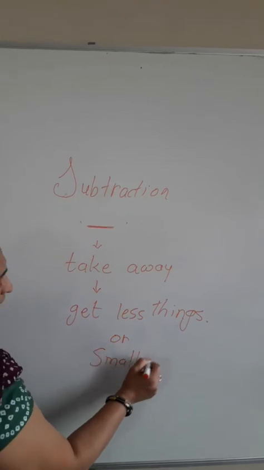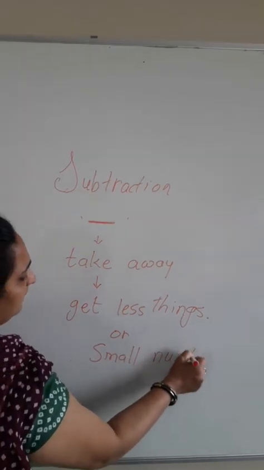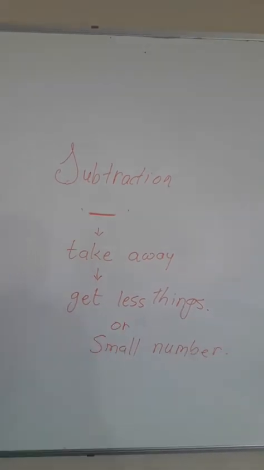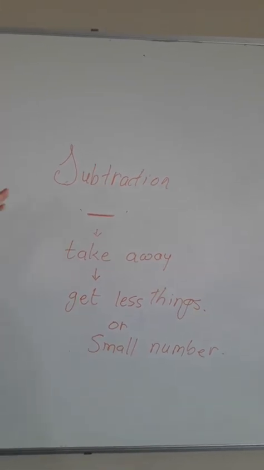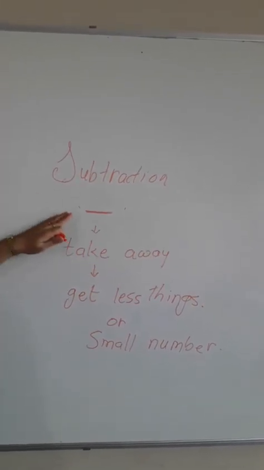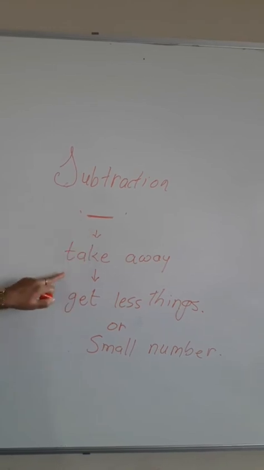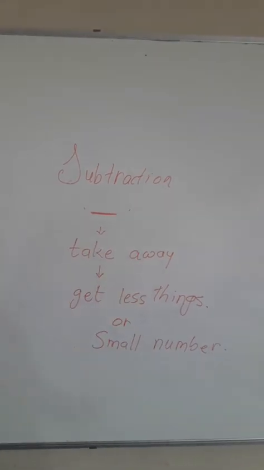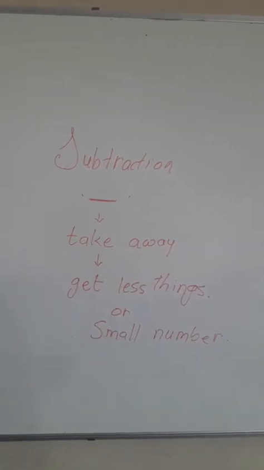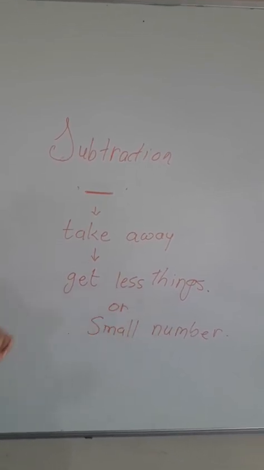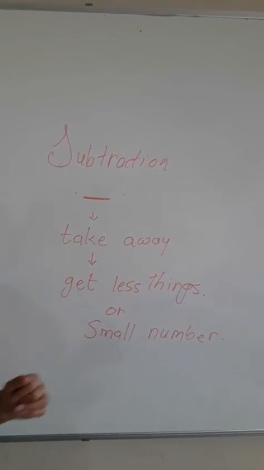So today we learn subtraction. The sign of subtraction is minus. We have to do take away in the subtraction and get less things in the subtraction or small numbers.